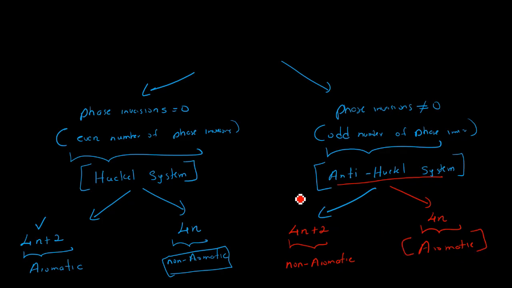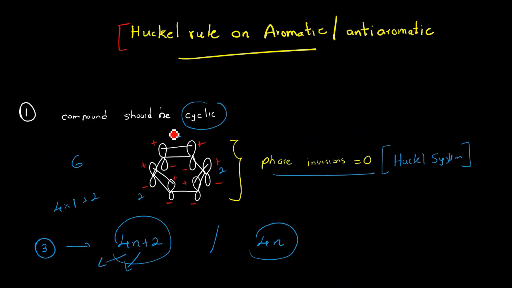Okay, so you need to be very careful about it. First thing you have to do about any structure is you need to see whether it's cyclic or not. If it's cyclic, then you can proceed for the Huckel rule. If it's cyclic, you need to see whether there are any phase inversions or not, right? So you need to calculate how many phase inversions are there. If the phase inversions are even, which means you are on the Huckel path.